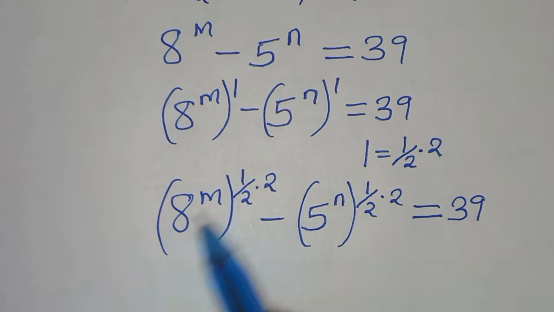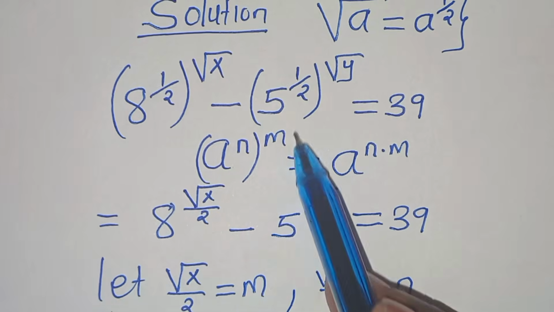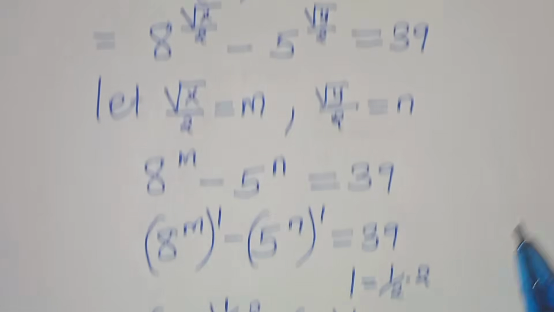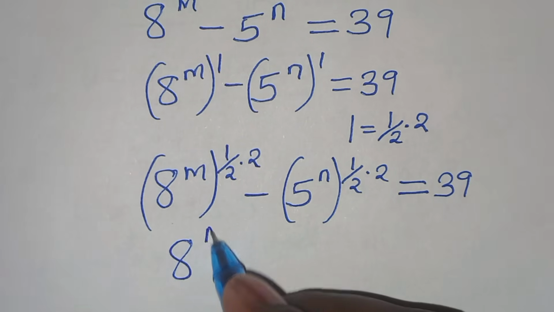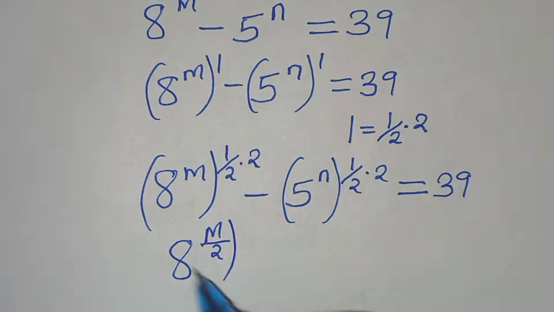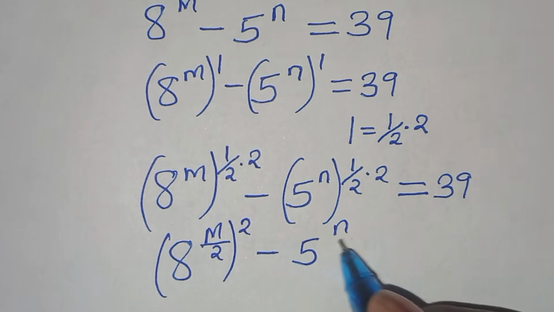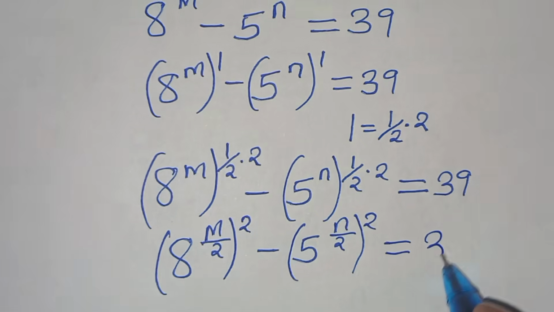Now, again, this is in the form of a to the power of n raised to the power of m, which we can express as a to the power of n times m. And this means we have 8 to the power of m over 2 raised to the power of 2, subtract 5 to the power of n over 2 raised to the power of 2. This is equal to 39.